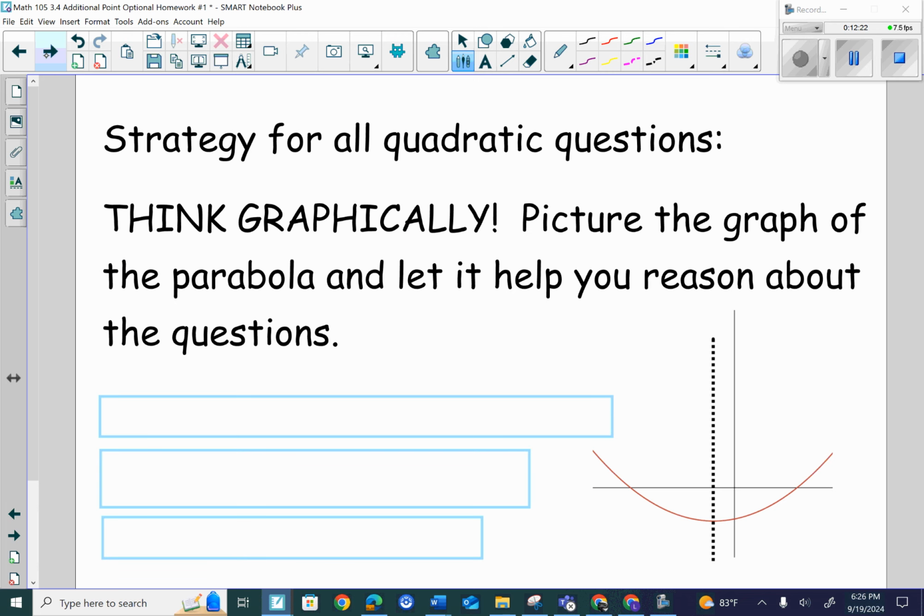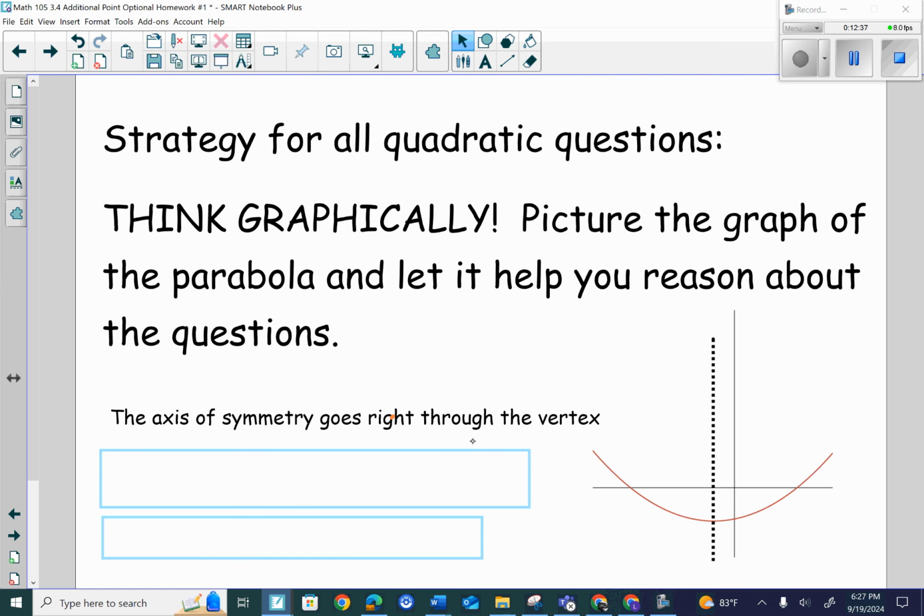Additionally, I wanted to mention that it's really important to think graphically because it will drive some of your answers for some of the questions. For example, if you're asked about the axis of symmetry, you should know it goes right through the vertex.